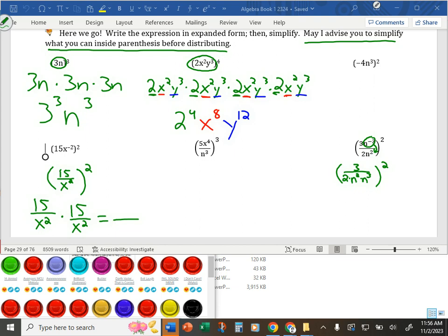So I can simplify this a little bit. And rather than 3 over 2n squared n cubed, it can just be 3 over 2n to the 5th, and all of that being squared. Now, it looks very similar to the one that we just went a little bit further with there.